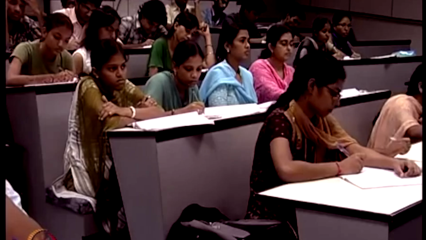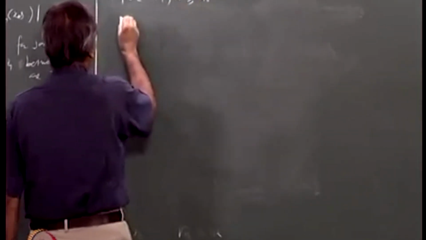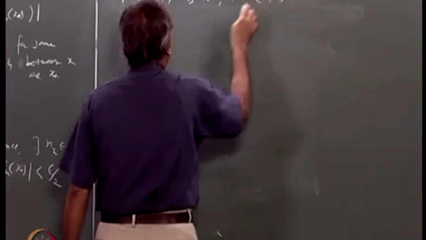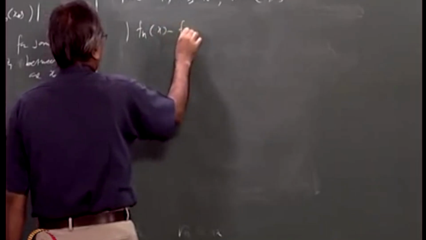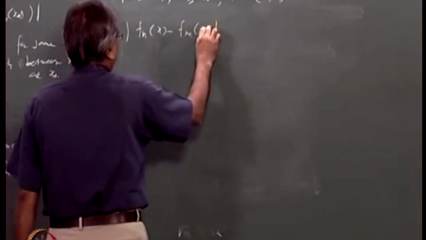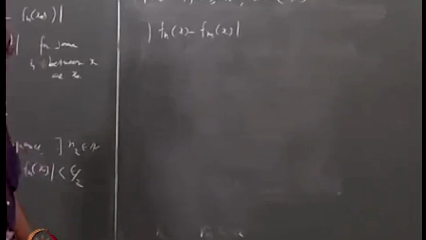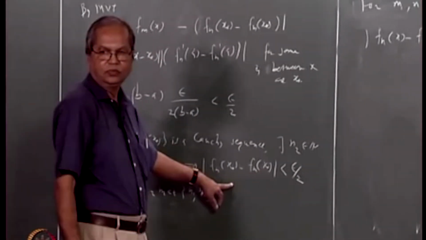So what we say is, for m and n bigger than or equal to n0, consider now x in AB, consider mod fnx minus fmx. All that you do is add and subtract fn x naught minus fm x naught.